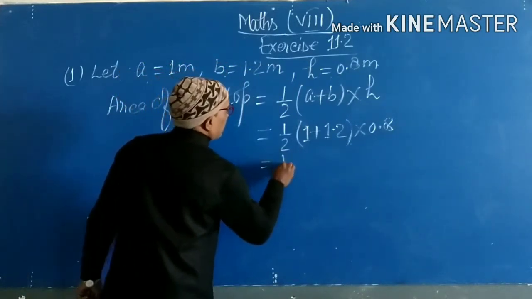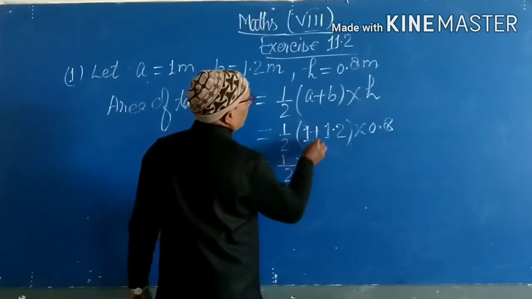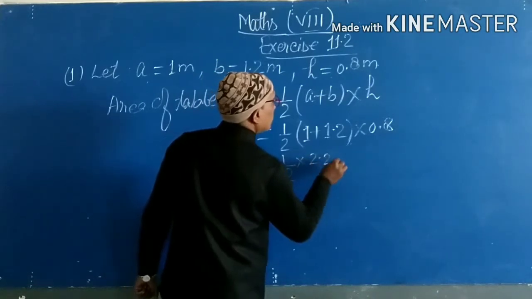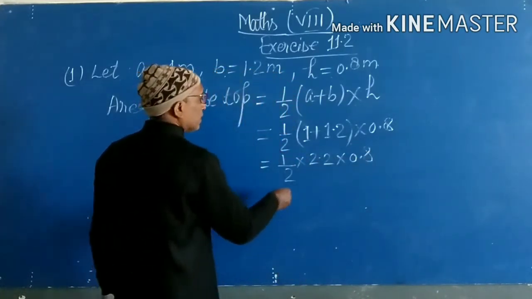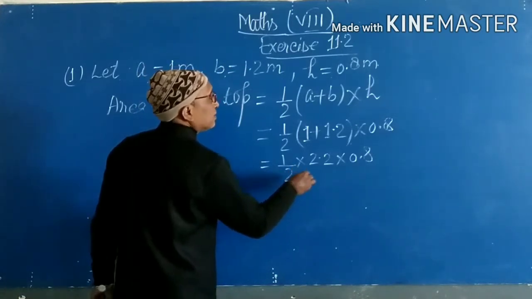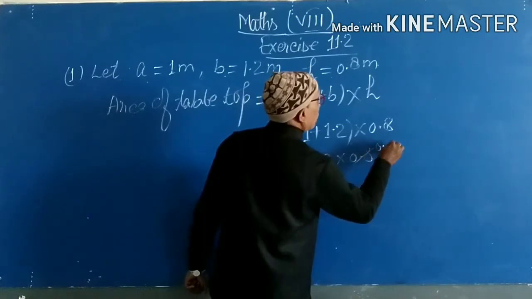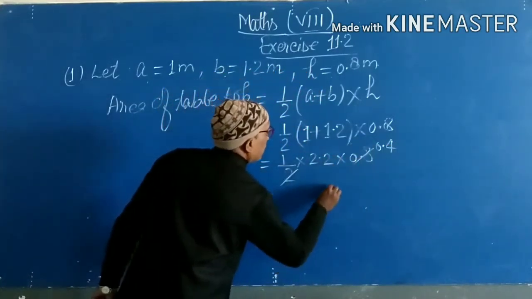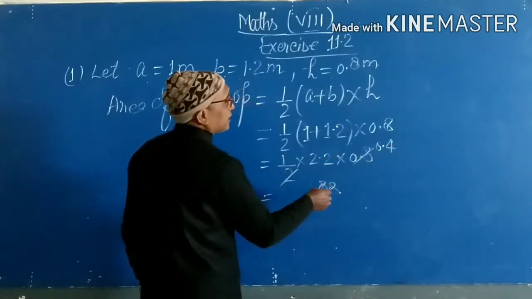When you simplify this expression, you write 1 by 2 into 1 plus 1.2, that is 2.2 into 0.8. You divide 0.8 by 2, you get 0.4. Then you multiply 4 into 22, and the decimal is shifted.